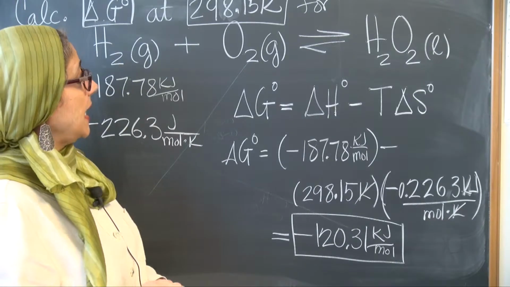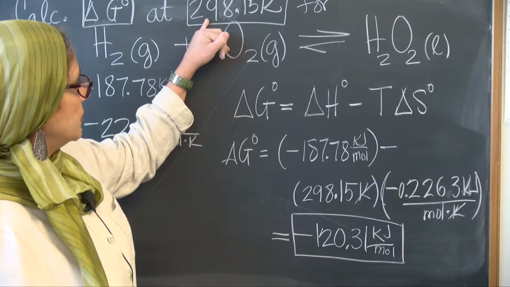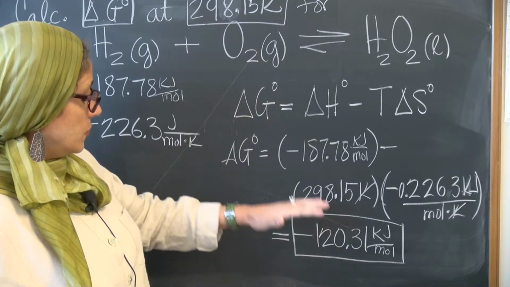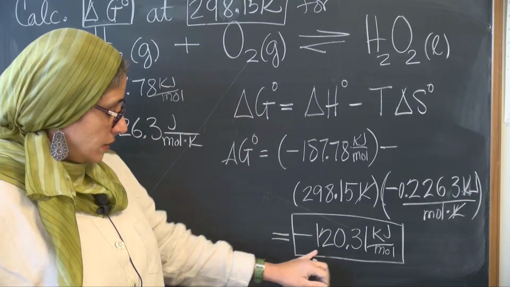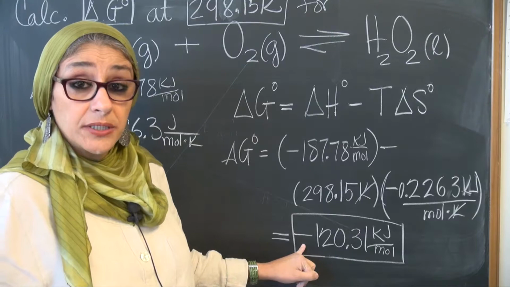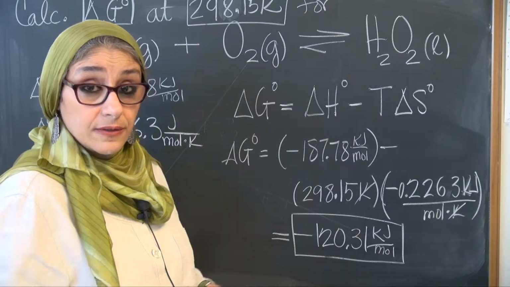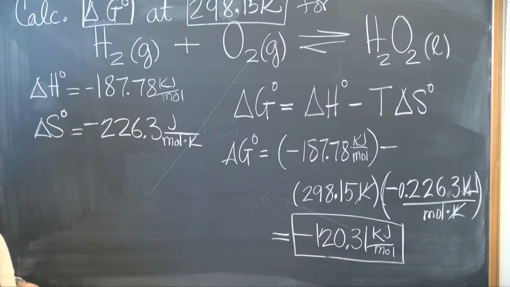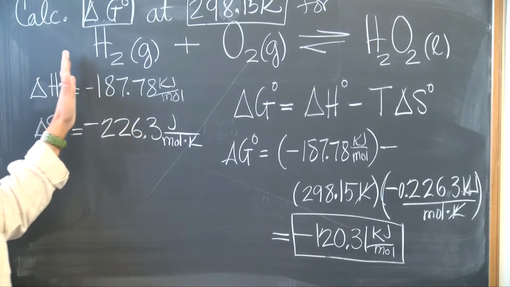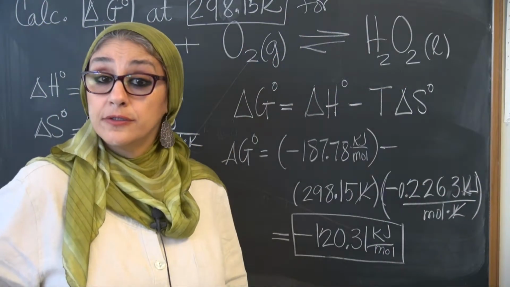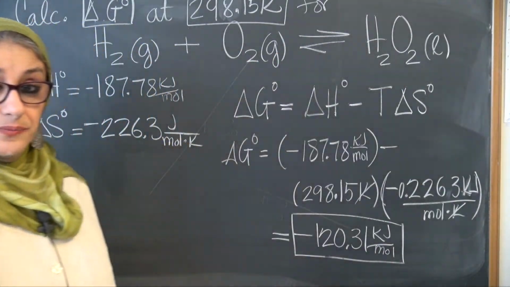This means at room temperature, delta G is negative, the reaction is spontaneous. So at room temperature, the forward reaction is favored.